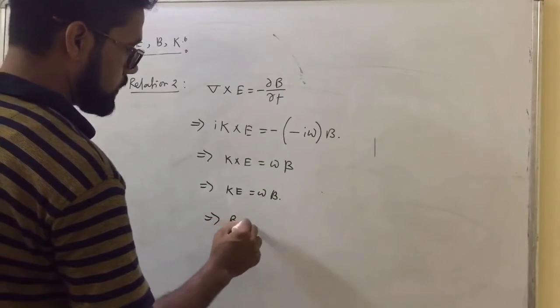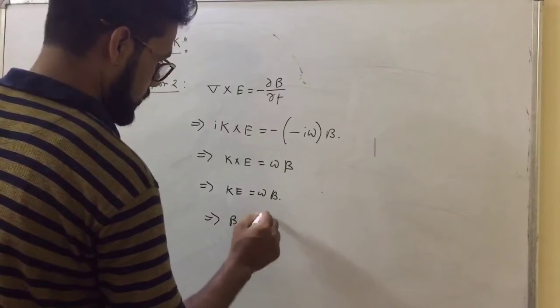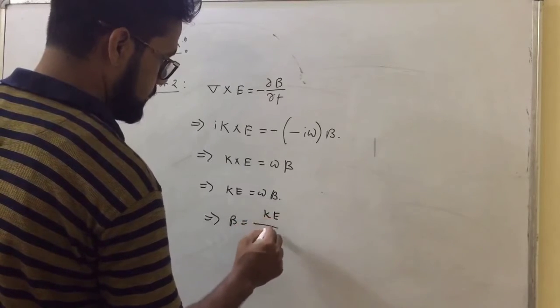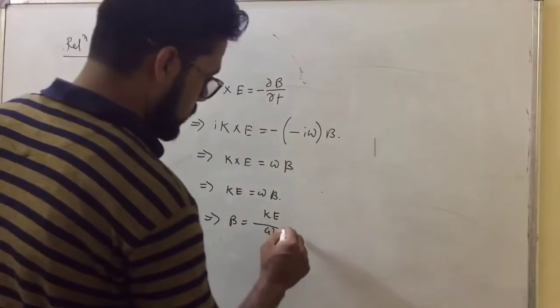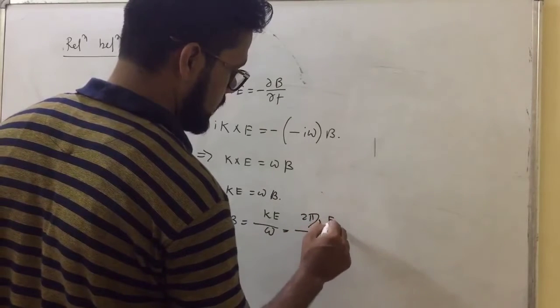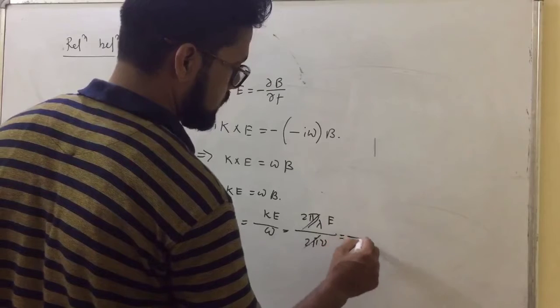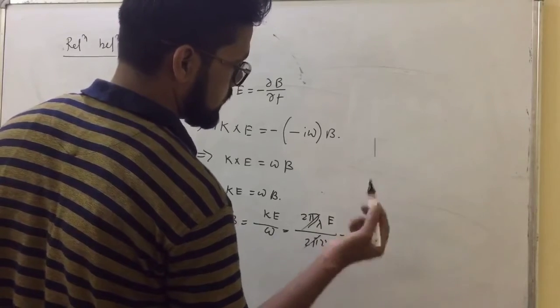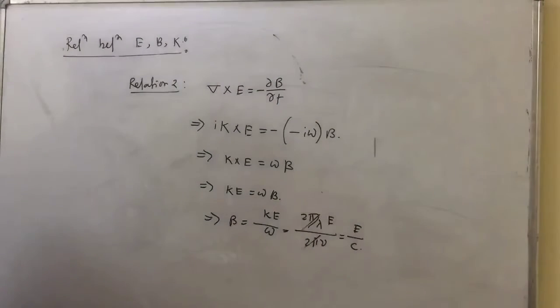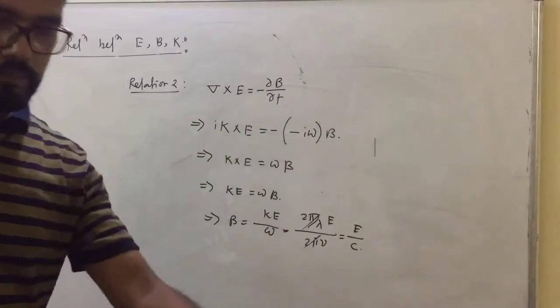B equals k E by omega. Here k is twice pi by lambda, and omega is twice pi nu. If I cancel it, B is E by c. This is the relation between electric field and magnetic field.